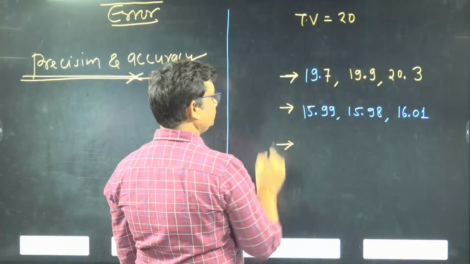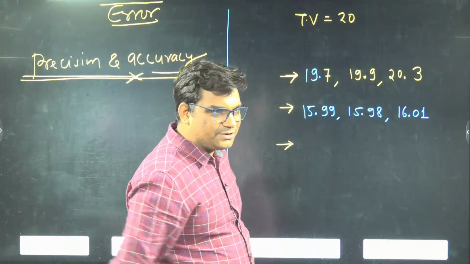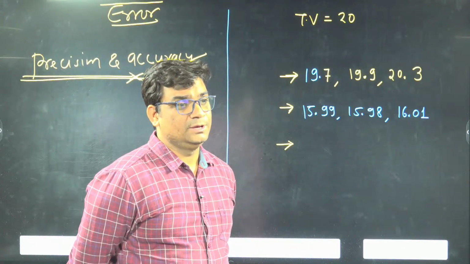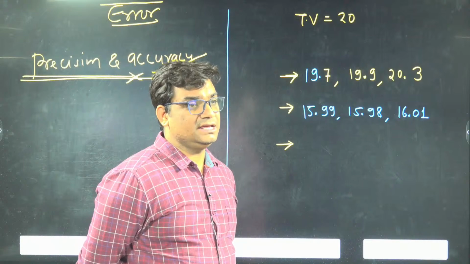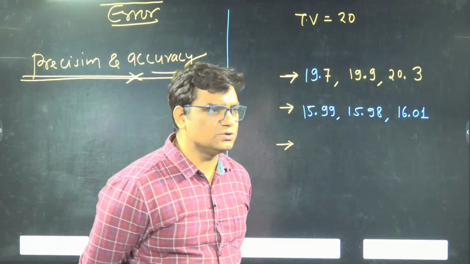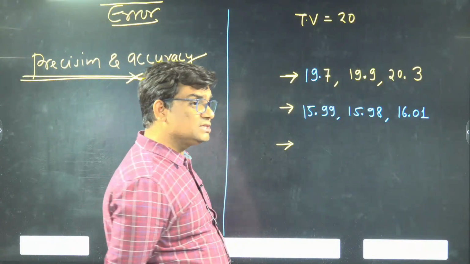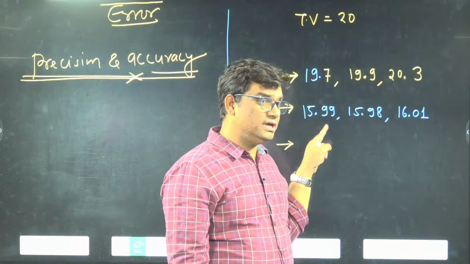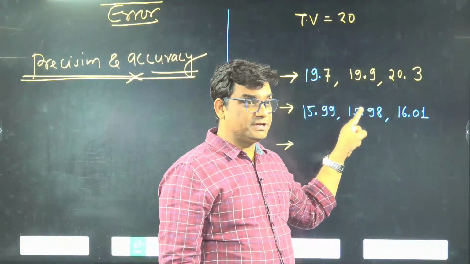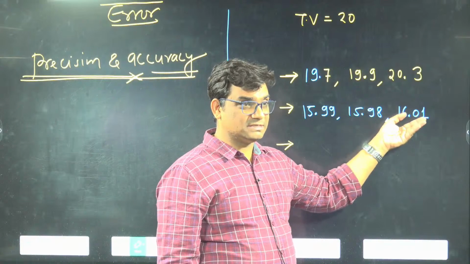Now, what will you say about these two students? Is student number 1 accurate or precise? You can say that he is accurate, very close to the true value. But student 2 is working very precisely, going 15.99, then 15.98, 16.01, up to more decimal places.